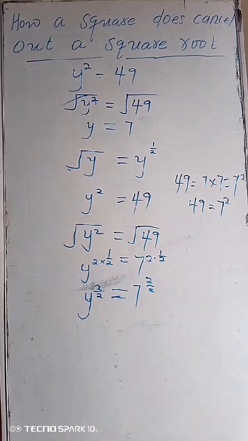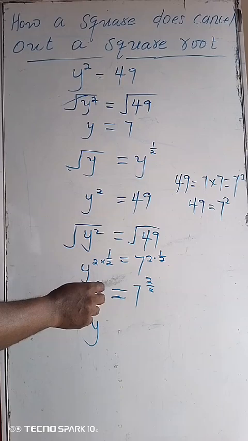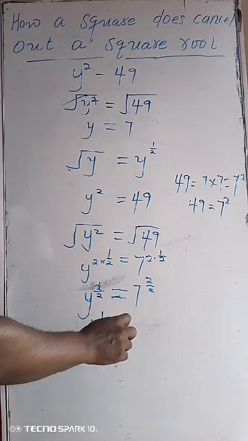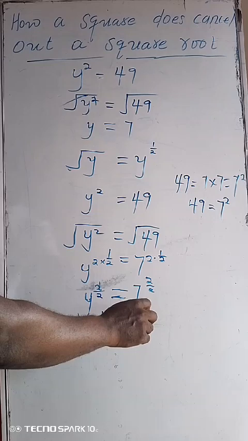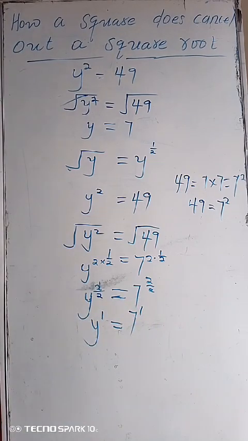Now we have y is equal to the power of 2 divided by 2. 2 divided by 2 will give us 1, and at the right hand side, 2 divided by 2 gives us power 1. Don't forget that any number raised to the power 1 is the number itself.